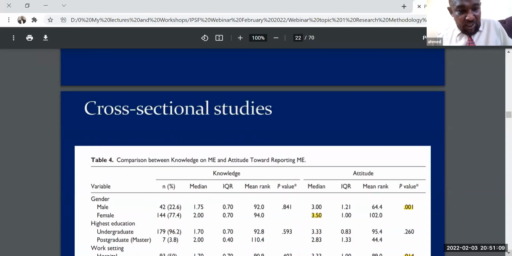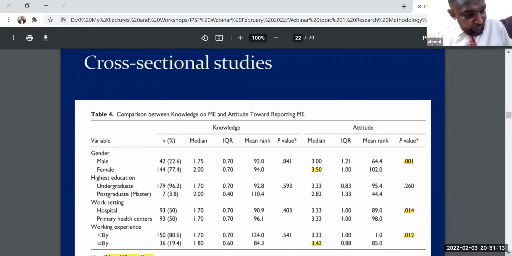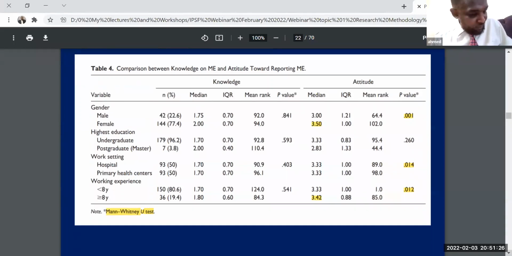Here we have another table. The table is about comparison between knowledge and attitude.